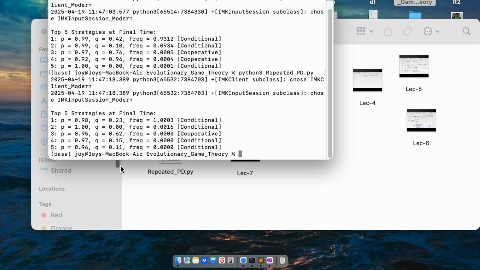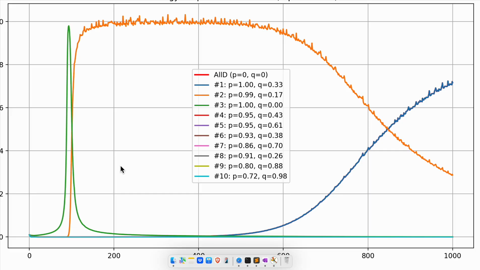So you can clearly see that this orange line is the frequency of a type with p equal to 0.99 and q equal to 0.17, and this green line is the frequency of the TFT type, because p equal to 1 and q equal to 0.